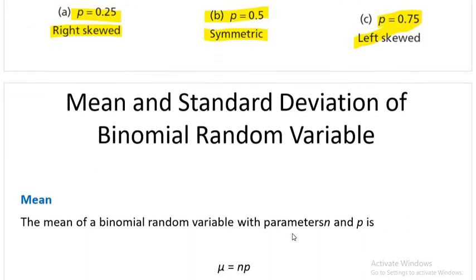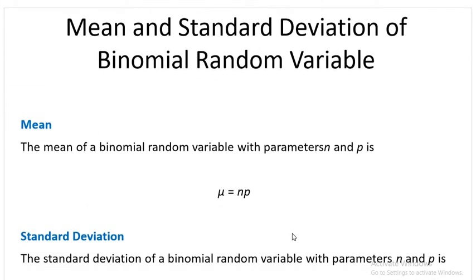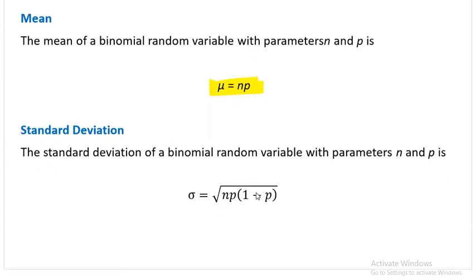If n and p are the parameters of a binomial distribution, then the mean of a binomial distribution is np. Every time you calculate the mean, it is np. And if you calculate the variance, it is np times 1 minus p. Once you take the square root, it becomes the standard deviation, sigma.